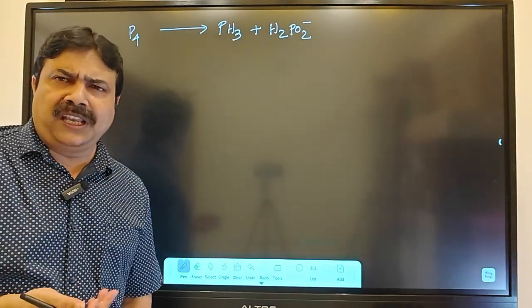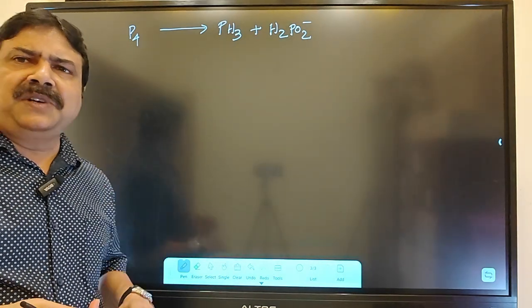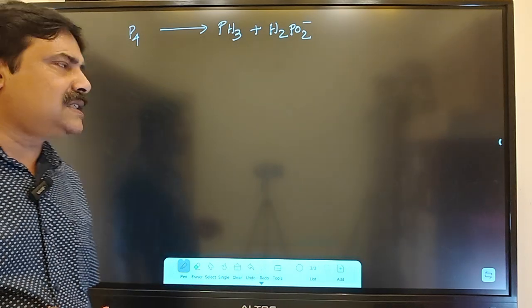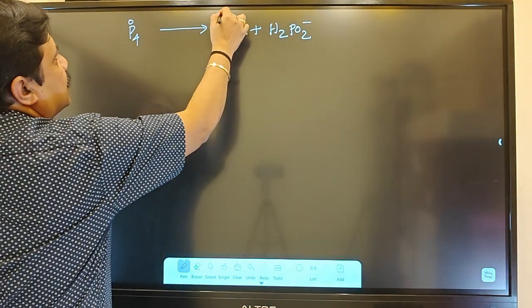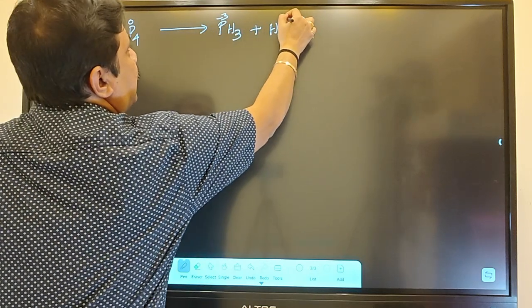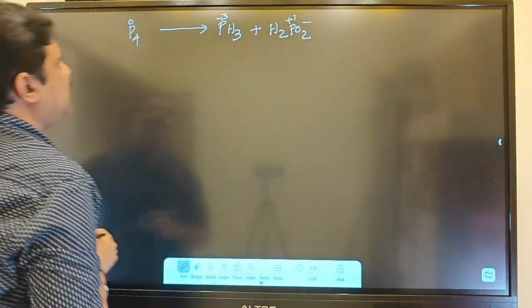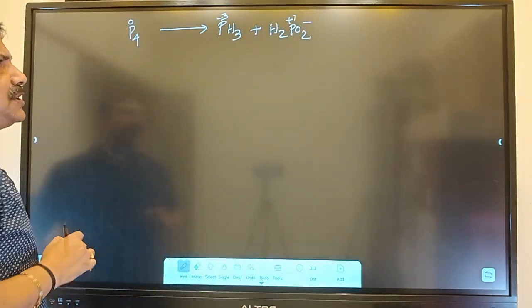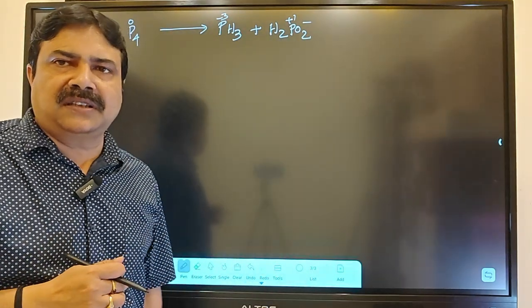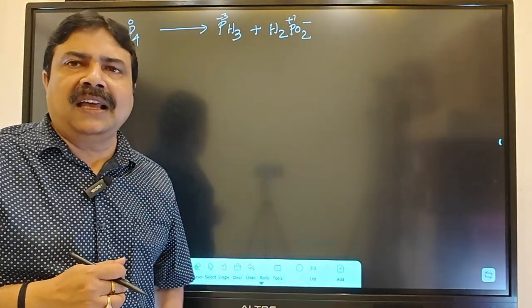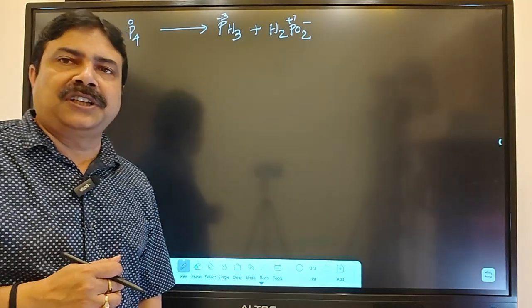If you are able to do it in an acidic medium, the basic medium is simple and you can do it by yourself. Now phosphorus goes from 0 oxidation state to minus 3, and here phosphorus is in the plus 1 oxidation state. So one element's oxidation state is going to two different oxidation states, one lower and one higher. That is called a disproportionation reaction.